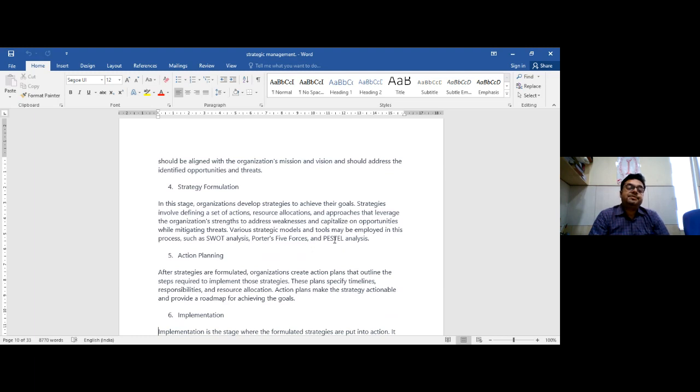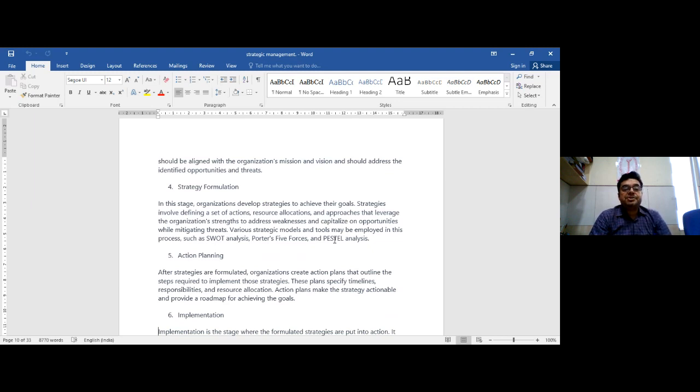The action plans also would make the strategy actionable, as well as they can provide a roadmap or direction for the achievement of those goals. Goals that are targeted or oriented towards the future, and implementation.